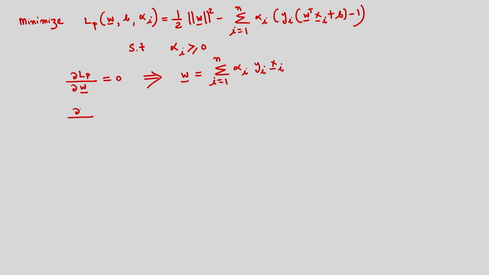And similarly, if I differentiate this LP with respect to the bias B, equating it to 0, I will get summation I is equal to 1 to n alpha I yi is equal to 0. So that means I am getting the solution for the weight vector W.